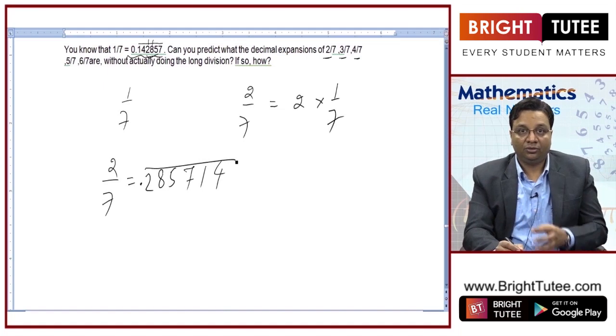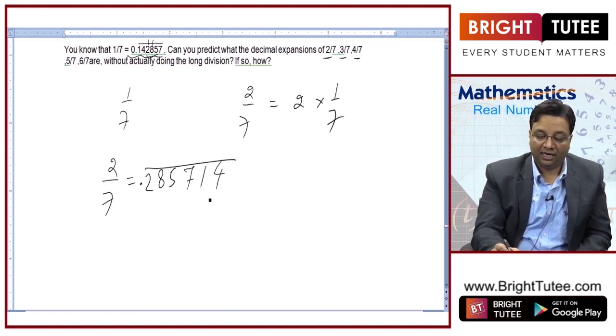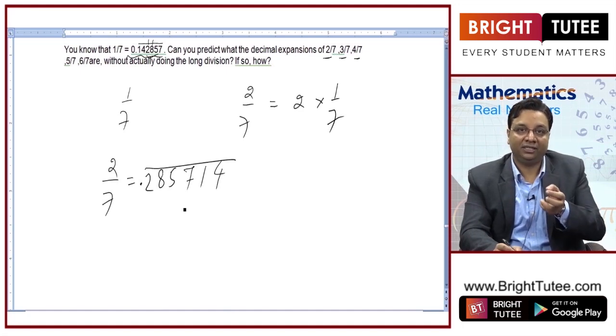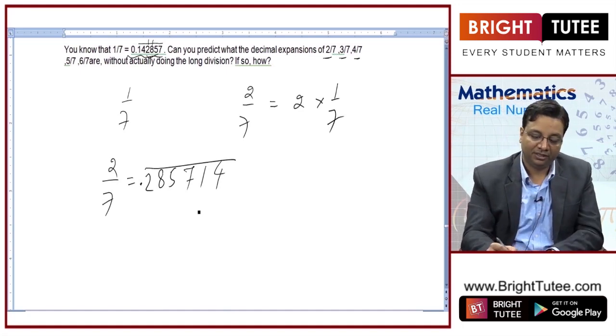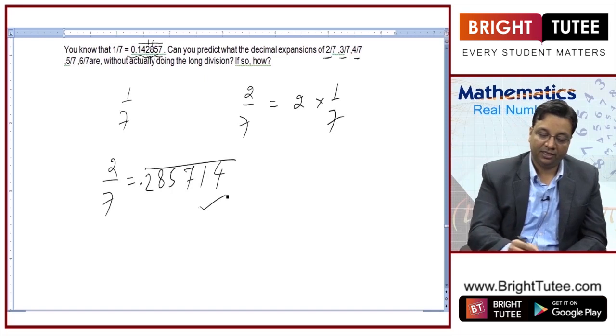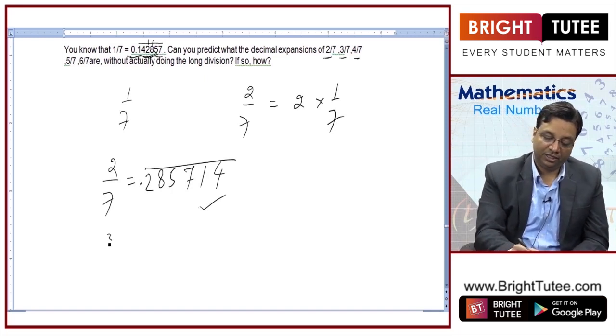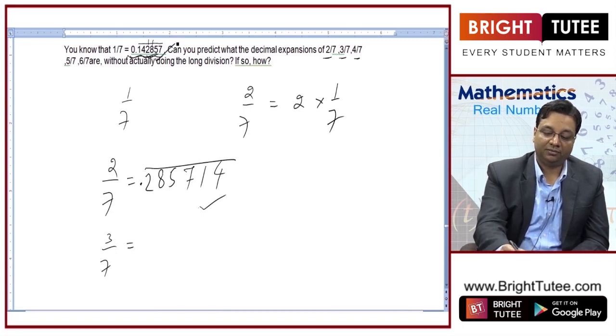I would like you to multiply it yourself, because when I am multiplying, I may not speak every step of multiplication, but this will be the result of multiplication. Okay. So, what I have done is I have just multiplied this number by 2. For 3 by 7, I will multiply this number by 3.